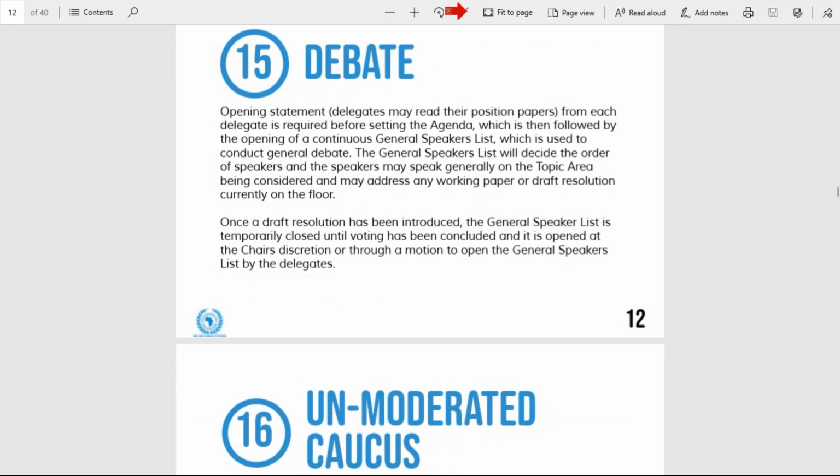Okay, now for point 15, debate. Opening statements: delegates may read their position papers.